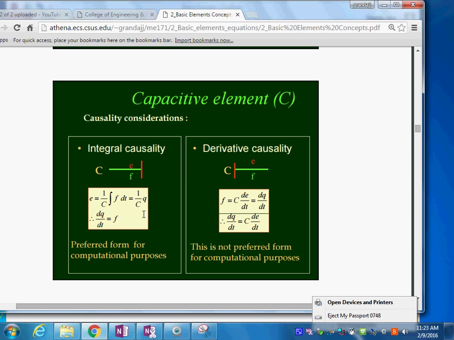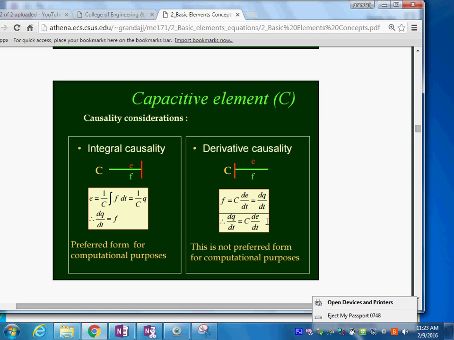Then you have the I element, or inertia element, which could be linear or non-linear. The I element stores kinetic energy. This is like the example of a mass in a mechanical system.